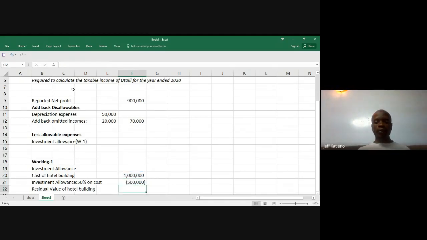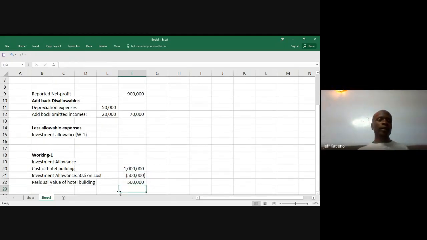So this one will be the difference. The residual value is 500,000. But now when you come to less investment allowance, we less it like that, and then we will get taxable income.